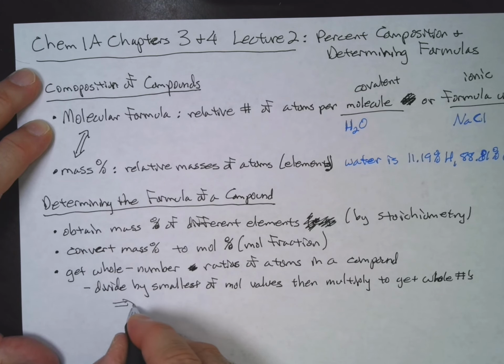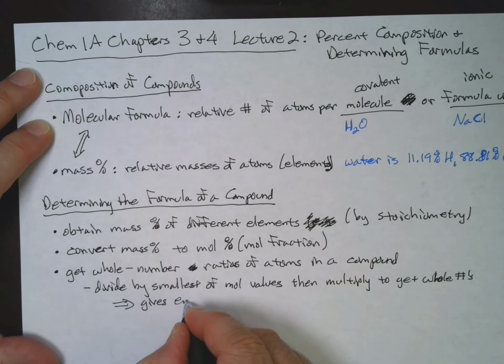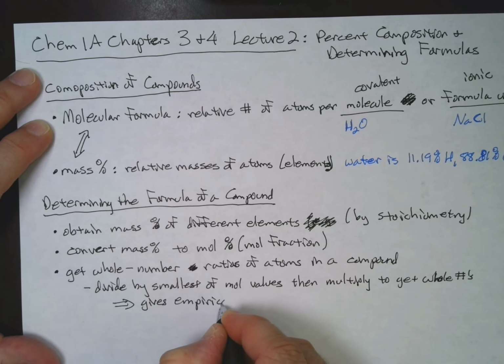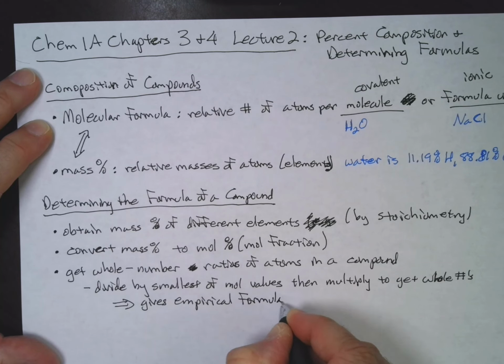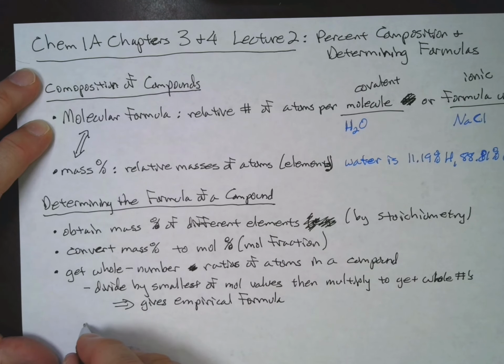And this will give the empirical formula. Empirical meaning experimental. And then we could use the molar mass, if it is known, to get the molecular formula.